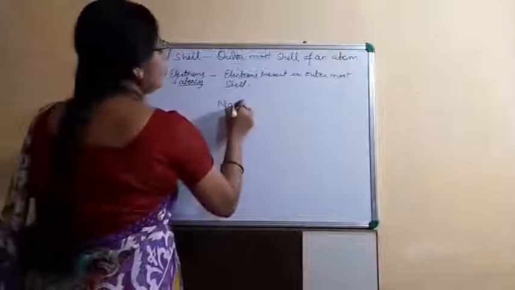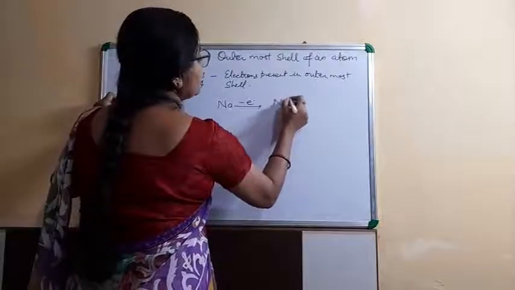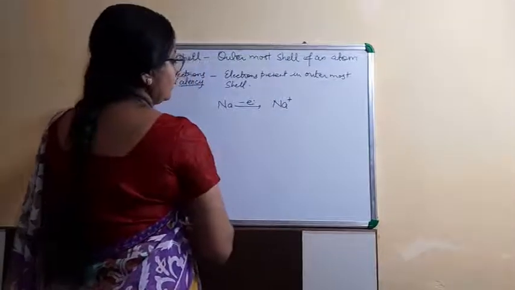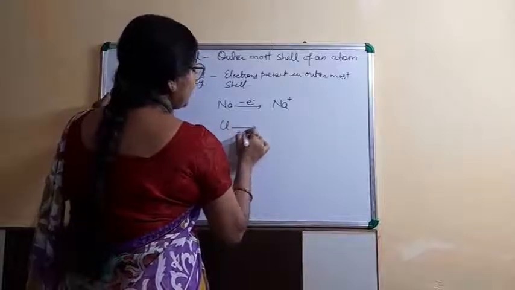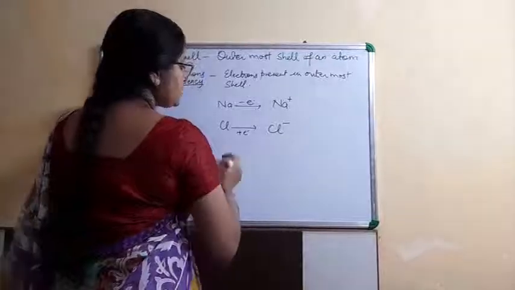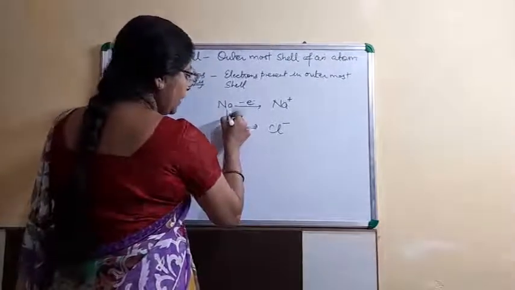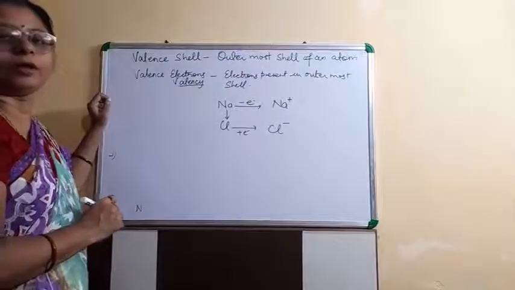Sodium loses 1 electron and forms the sodium ion. Chlorine at the same time gains that 1 electron and forms the chloride ion. Means when sodium gives 1 electron to a chlorine atom, they form a bond together.